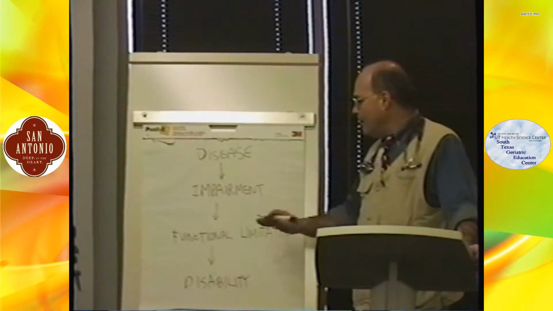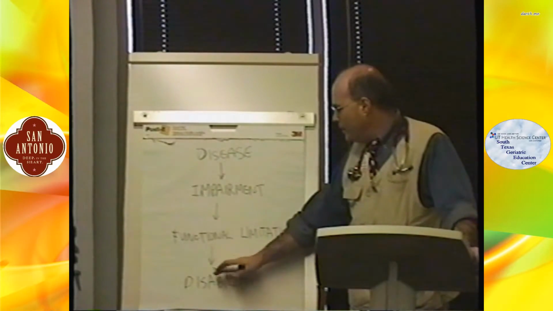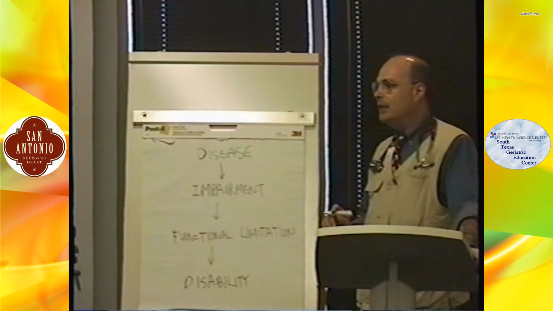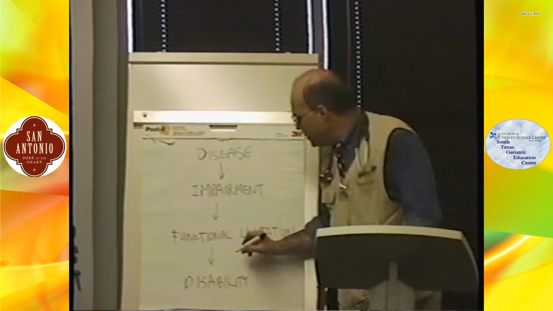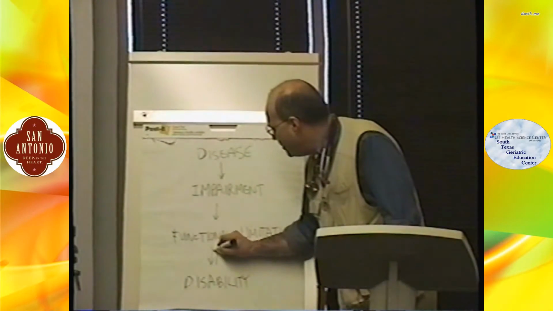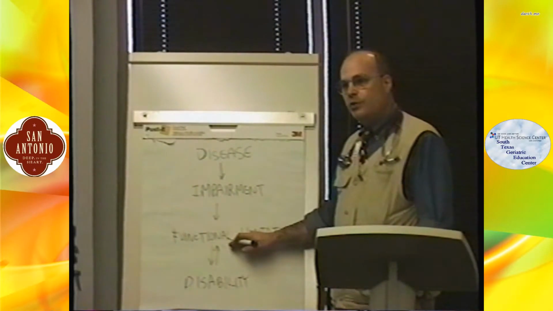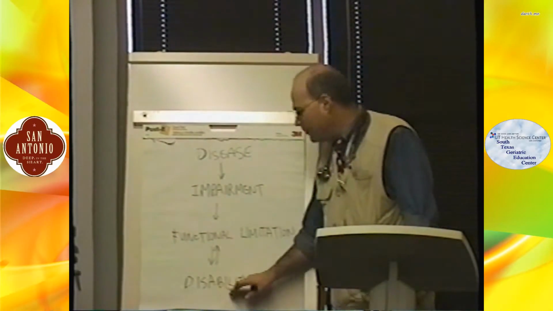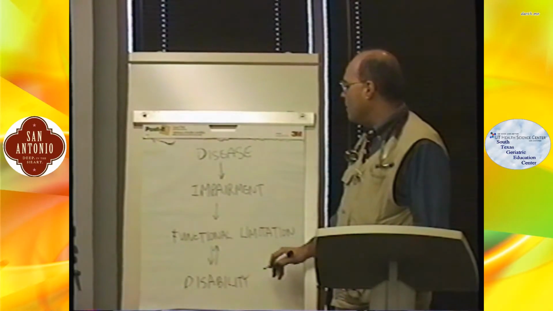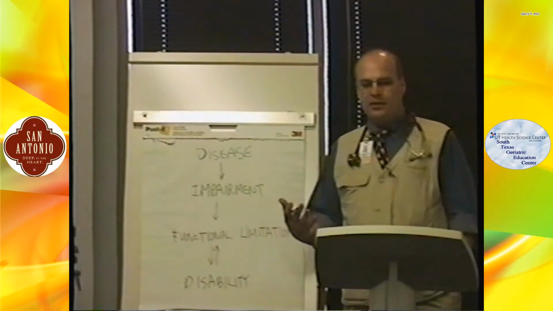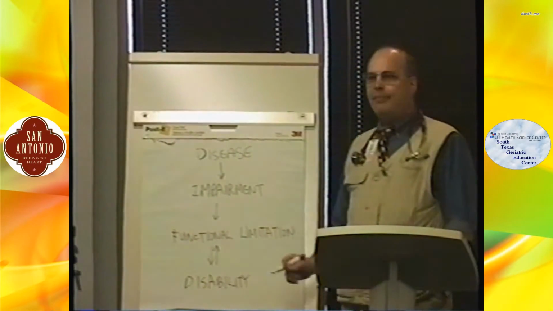Now, most of the adaptations that we've talked about so far have come between the functional limitations and the disability. If you put those adaptations in place, even though somebody may be at risk of disability, you can still improve them from the functional limitation point of view so that they're not frankly disabled. Now, can anybody in the hypertension example think of other interventions that might prevent this from happening?